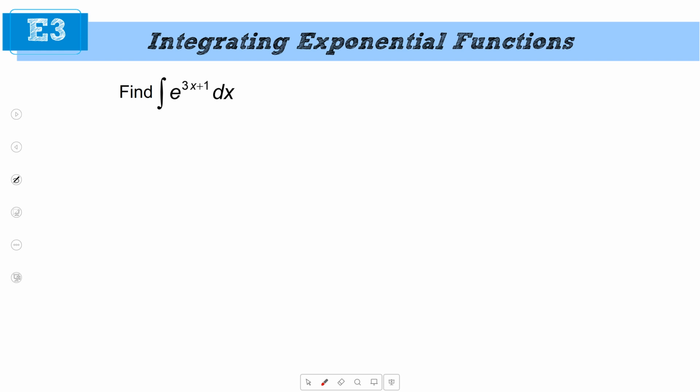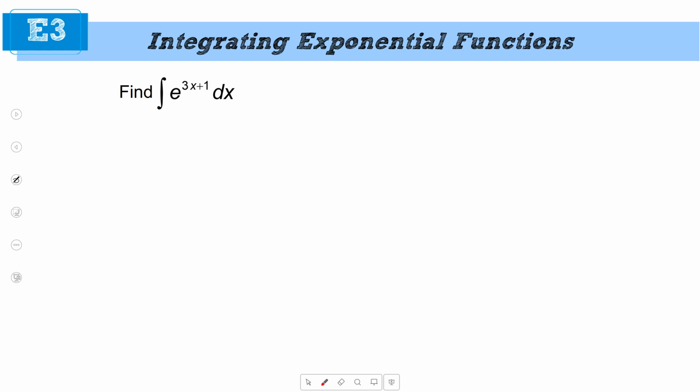Anybody want to live on the edge? That's actually the integral of 1 over x is natural log. Anybody?